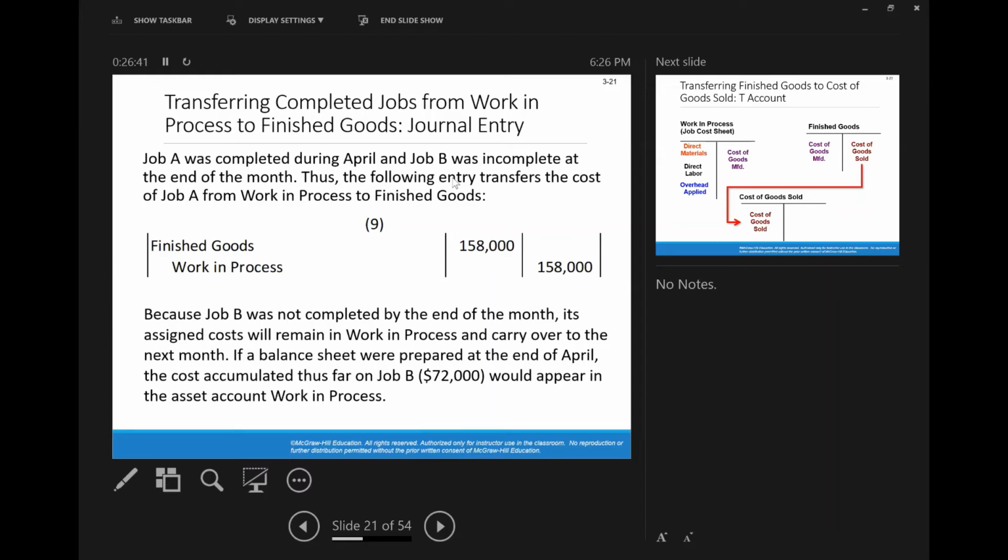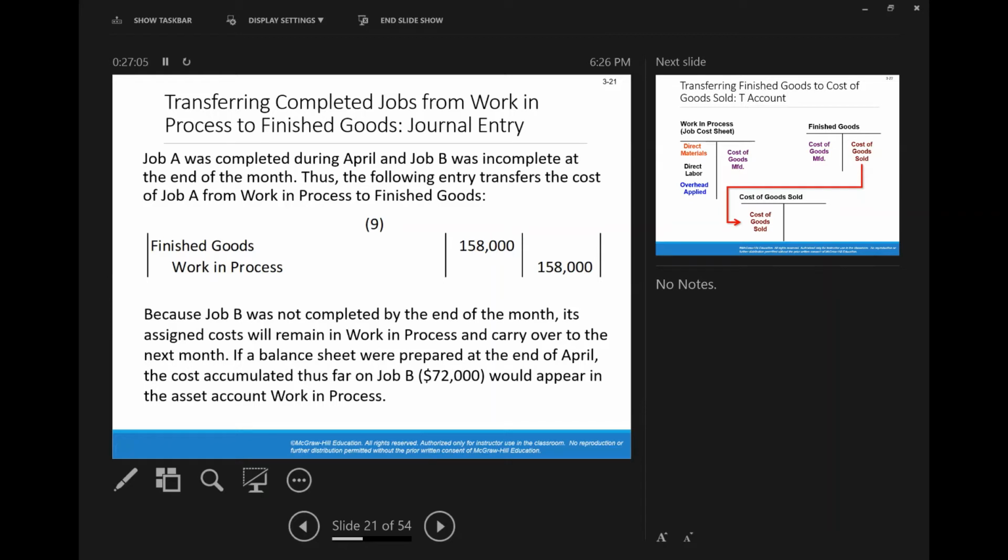Okay, so we're going to debit the finished goods because now I have a product that I can sell. It's going to go into that inventory that I can sell now. And then I have my work in process that's crediting. So now I'm reducing the work in process because it's finished in there. It's got to be moved out. So we credit work in process.